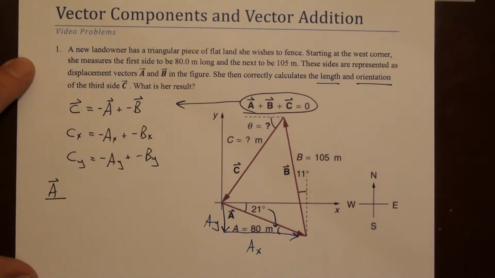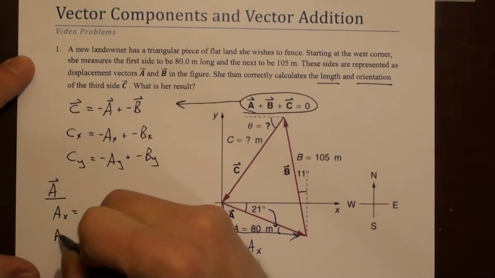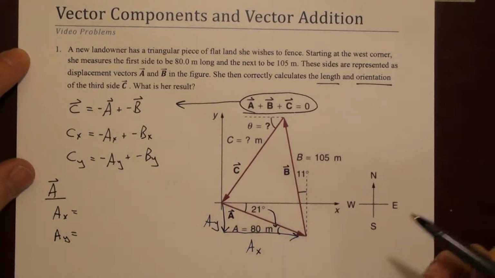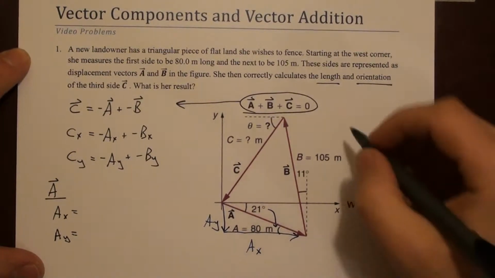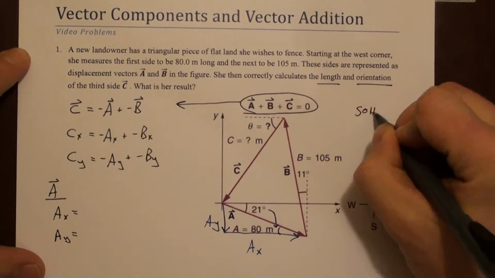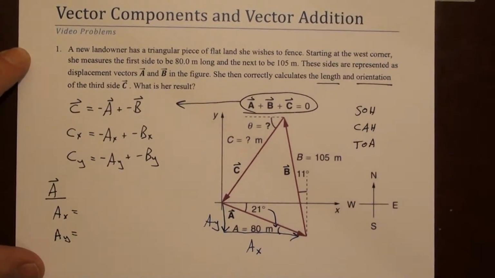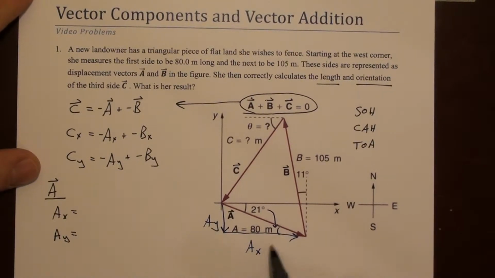So now we just need to come up with how to write A sub x and A sub y, how to get that from the hypotenuse and one of the angles. So here it's useful to remember your trig. So I'll remind myself here, we've got SOH CAH TOA. I have the hypotenuse, and if I'm looking for x, that's adjacent to this angle.